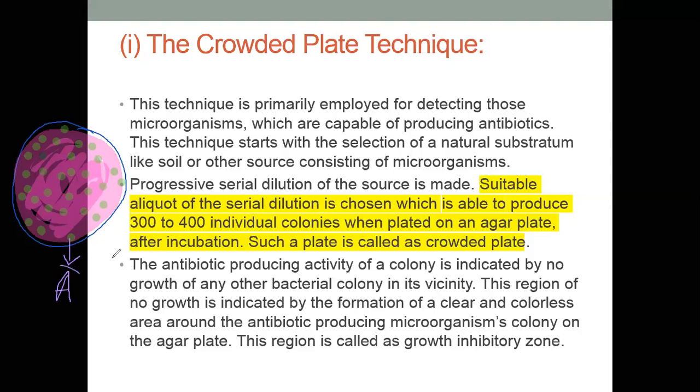This A colony here is a colony which is producing antibiotics, and since this colony is producing antibiotics, there should not be any growth of bacteria around it. So there are multiple bacteria of different types growing over here.